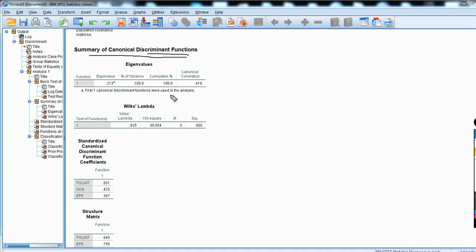In a nutshell, the summary is describing the dimensions upon which our groups are separated. The number of discriminant functions that you'll observe in discriminant analysis is equal to the number of groups minus 1 or the number of predictor variables, whichever is least.